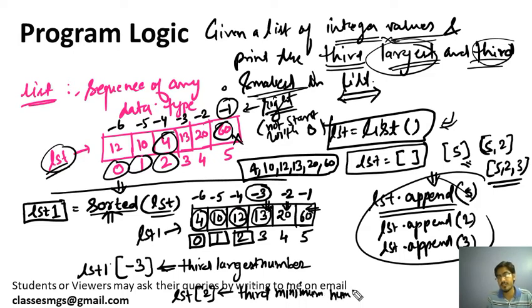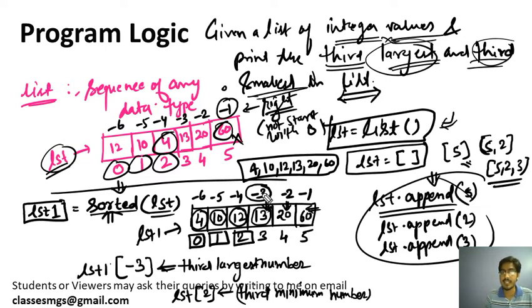So this logic is very easy to understand, because after sorting the list, the element at index 2 will always be the third minimum, and from the back side, the third element will always be the third largest number.